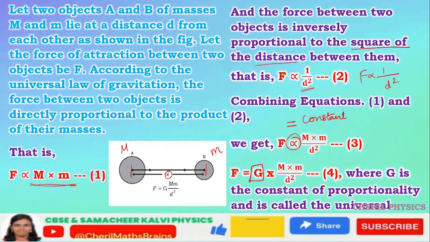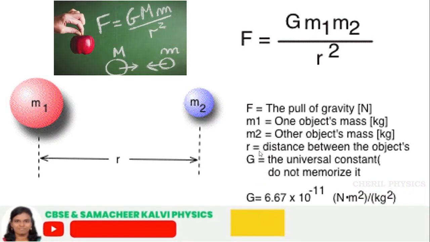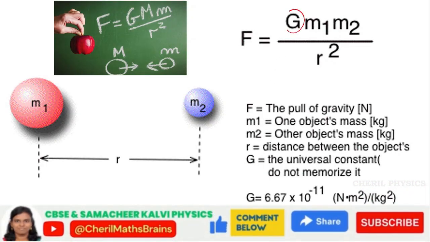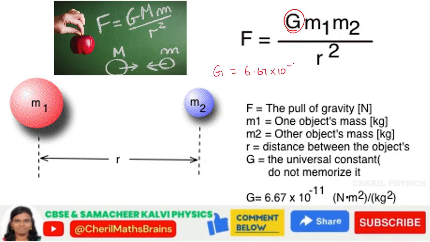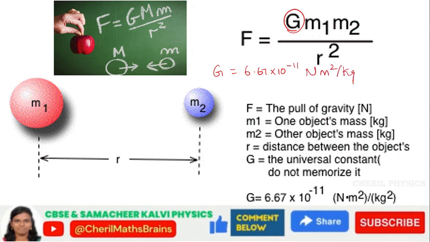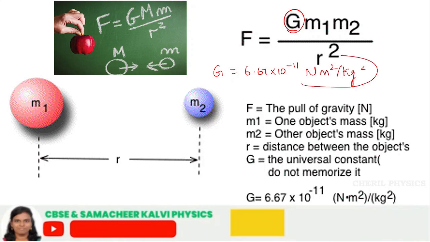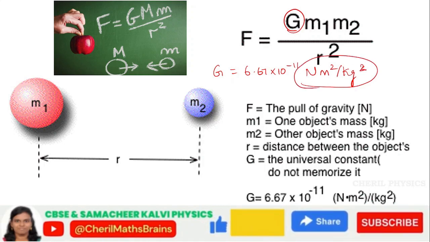The value of capital G is 6.67 into 10 to the power minus 11 Newton meter square per kg square. If you forget this unit, how do you remember it during the exam? You will easily remember the formula.